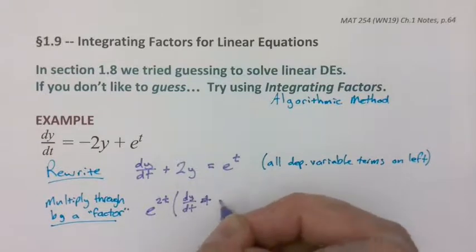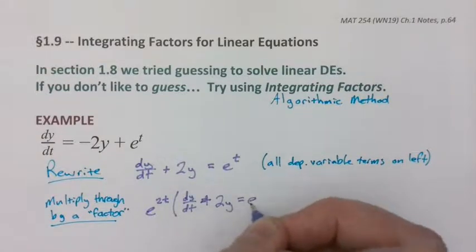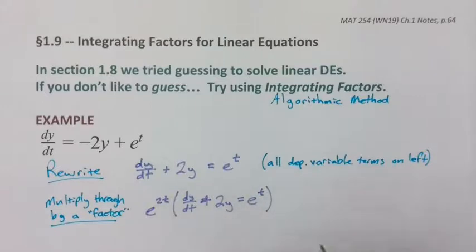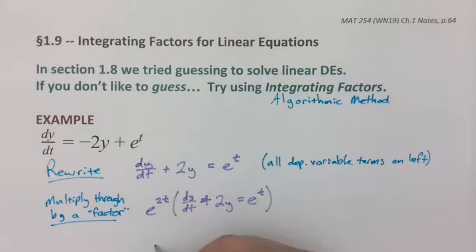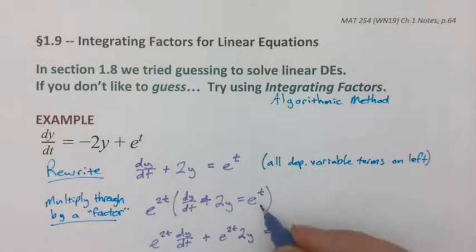Oops, plus 2y equals e to the t. When I do that multiplication, I wind up with e to the 2t times dy/dt plus e to the 2t times 2y. The other side, I'm also multiplying through, and I wind up with e to the 3t.